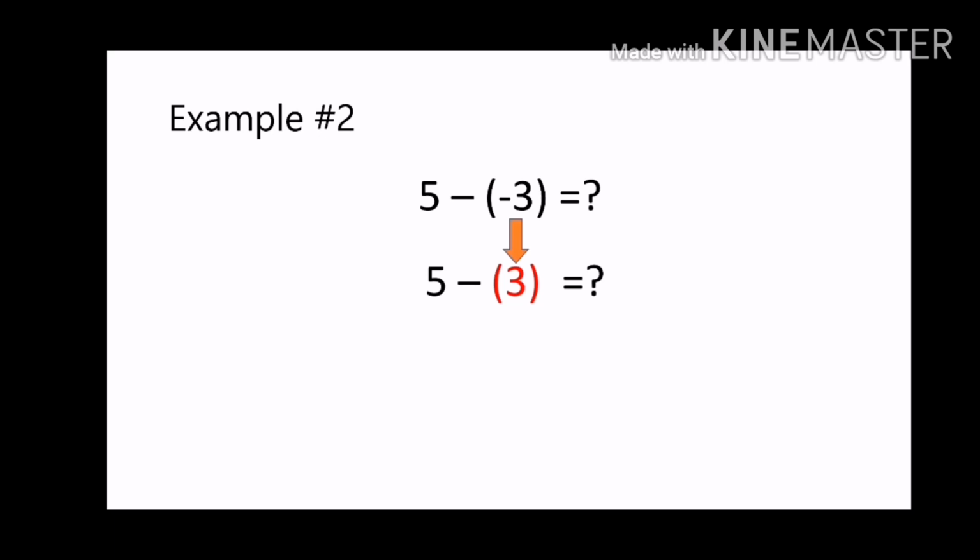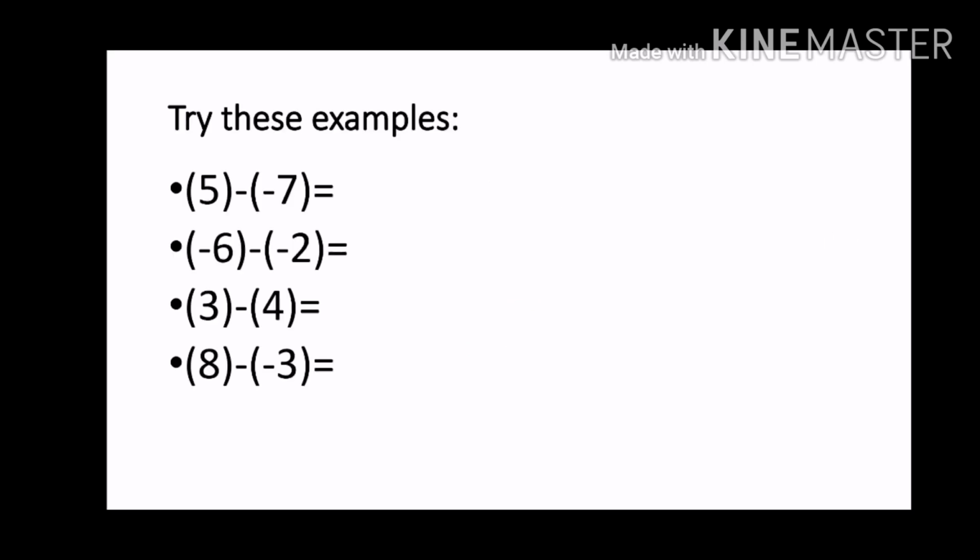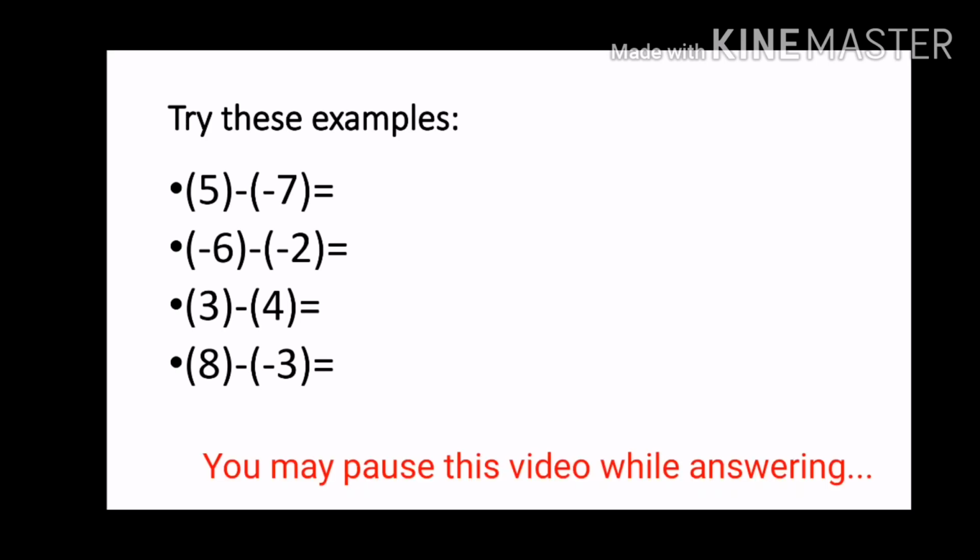Now, that is not yet our final equation, since our subtraction will be changed into addition. So, we will now have 5 plus 3 is equal to, obviously, 8. So, our final answer here is 8. Okay, now try these examples to exercise what you have learned.